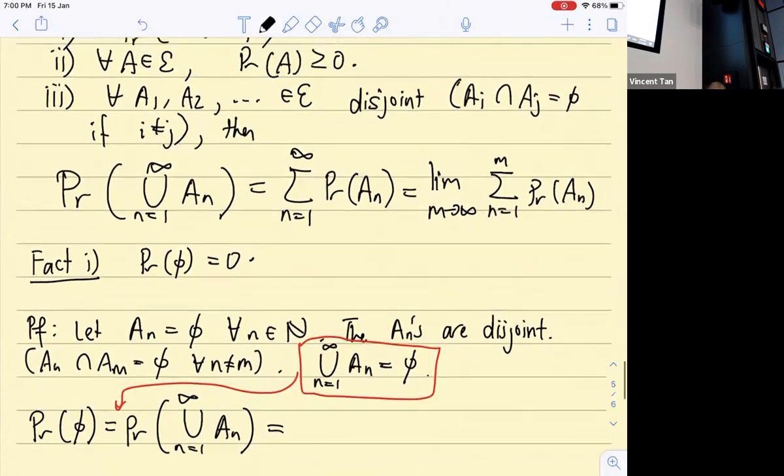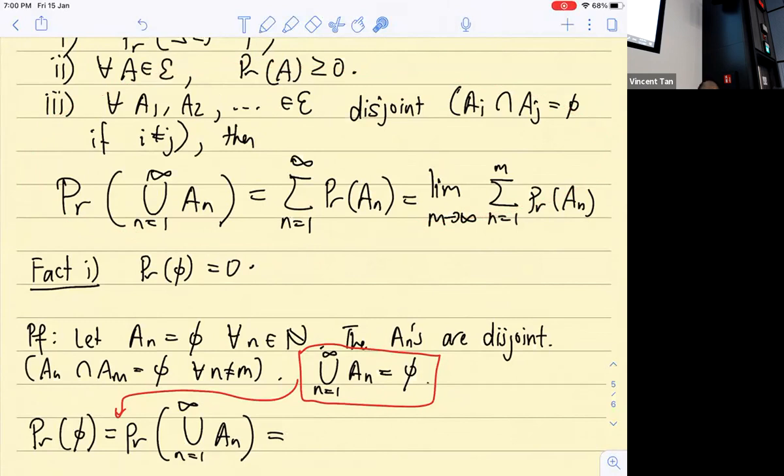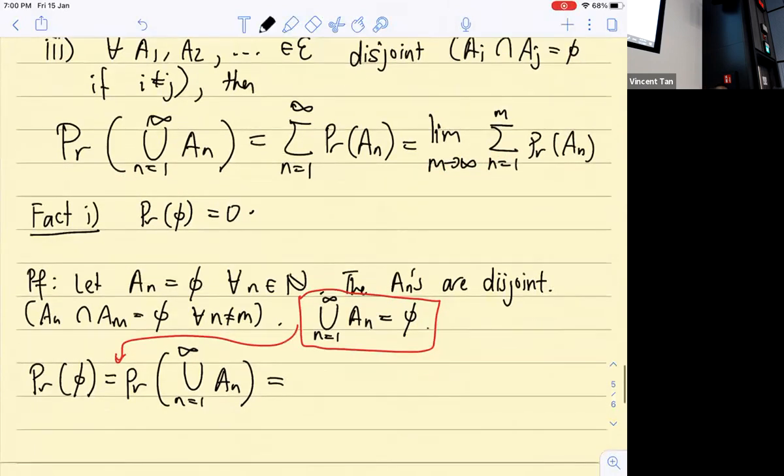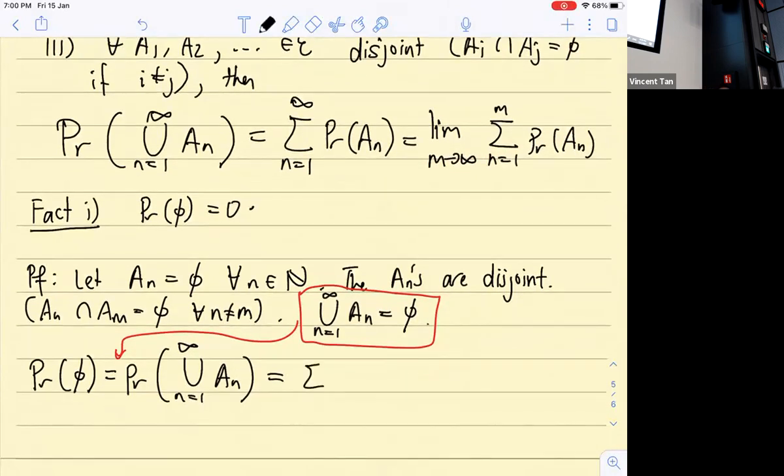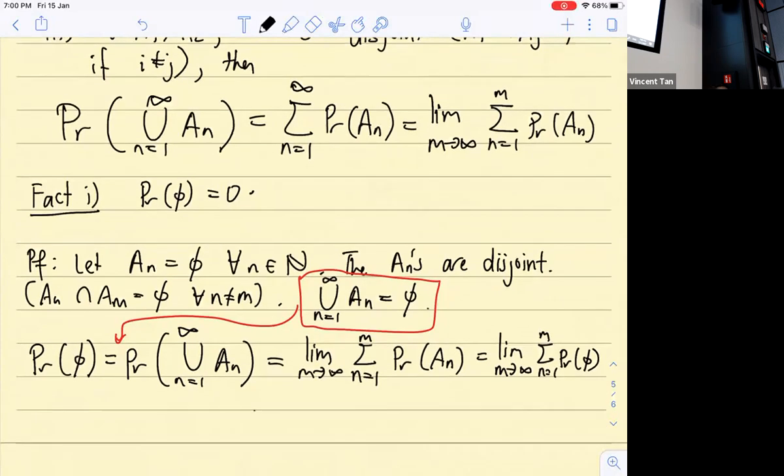This part 3, can you see this? So this is the sum. Let me write this carefully as limit m going to infinity, sum up to m, probability of A_n, n equals 1. But what is this? Limit m running to infinity, sum from n equals 1 to m, probability of the empty set, right? Because all the A_n's are empty sets.